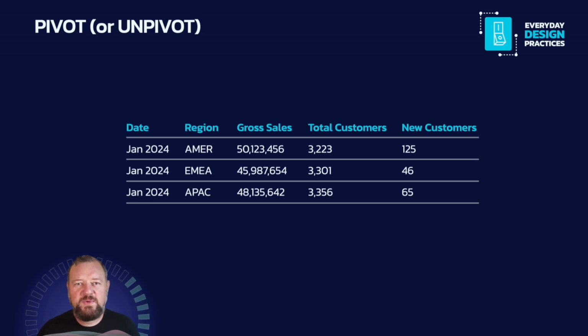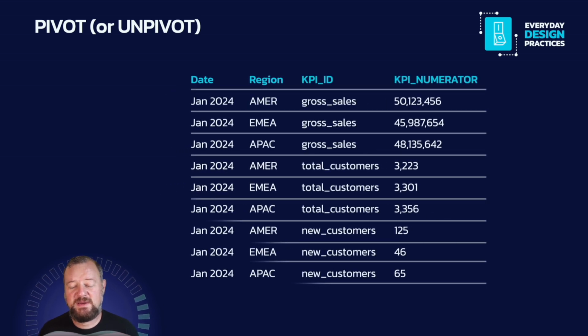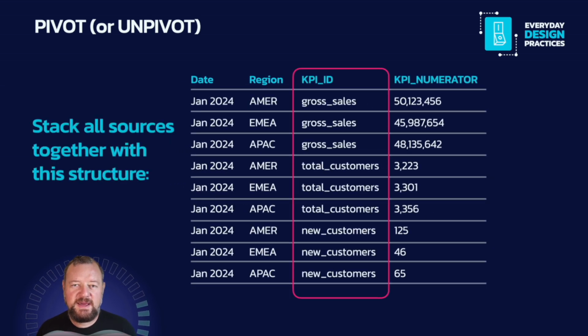Yep. But if we take this and flip it a little bit and restructure it so that we stack those KPIs on top of each other, now suddenly we have a structure that allows us to combine it with all sorts of other things, right?